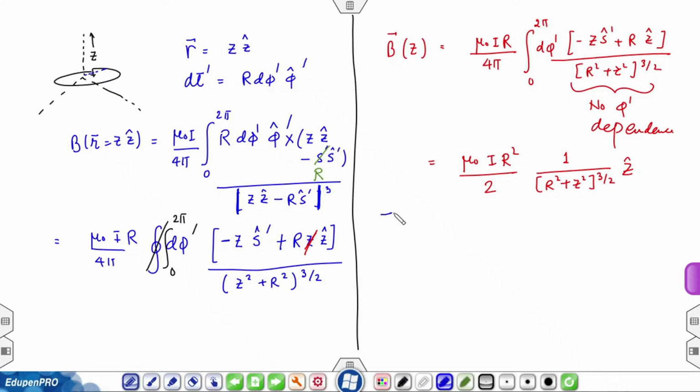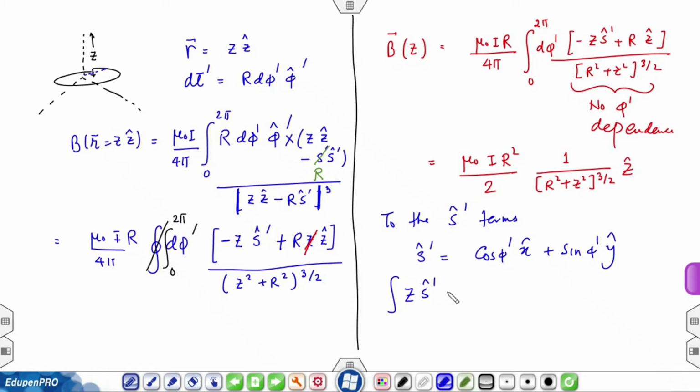What happened to the s prime term? The s prime term is equal to cosine phi prime x plus sine phi prime y, and integration of z s prime d phi prime is therefore equal to 0.